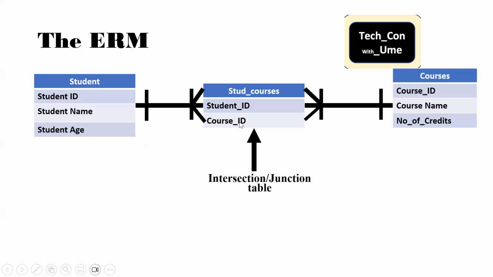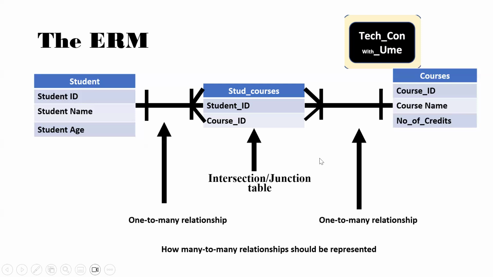And course ID here will be a foreign key to the primary key in this table. The other thing to note is with our intersection table, we're going to have two one-to-many relationships to represent the many-to-many relationship between both tables.